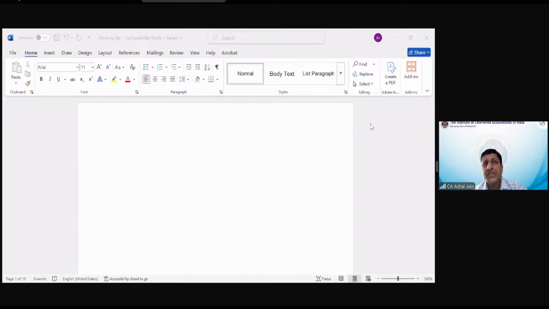Now, CARO is a checklist wherein certain pointers, certain areas are required to be looked at by the auditor and also commented upon. One may think that if the auditor is looking at a lot of things, then why are some of those points specified? Because that's the requirement of that particular legal clause. Those specific points are required to be commented upon.